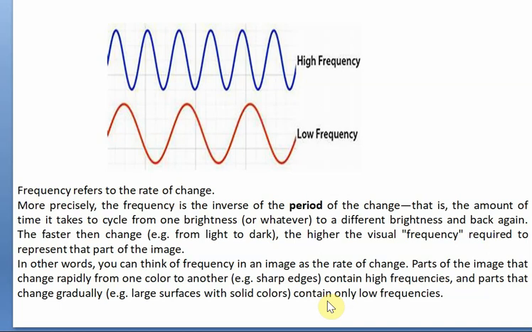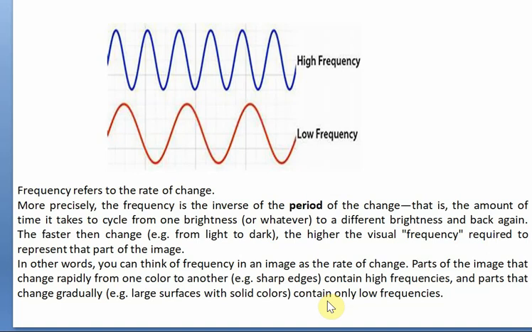So that's why you can say the intensity variations are high frequency. If the intensity is 100 in one place and 0 in another, it looks like an edge. Am I correct?